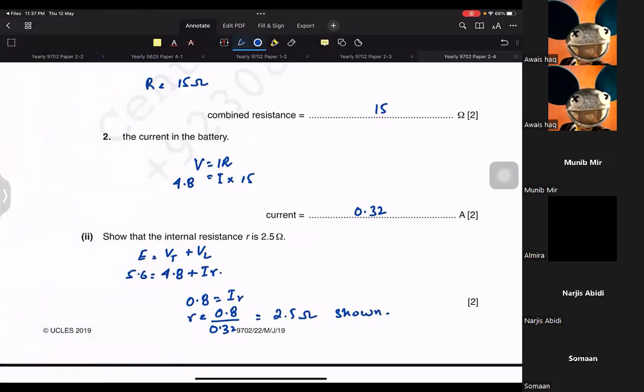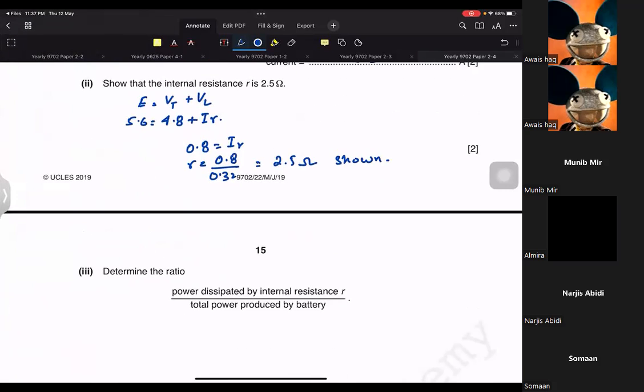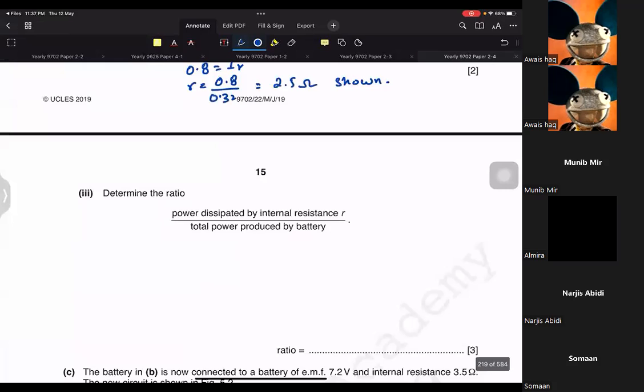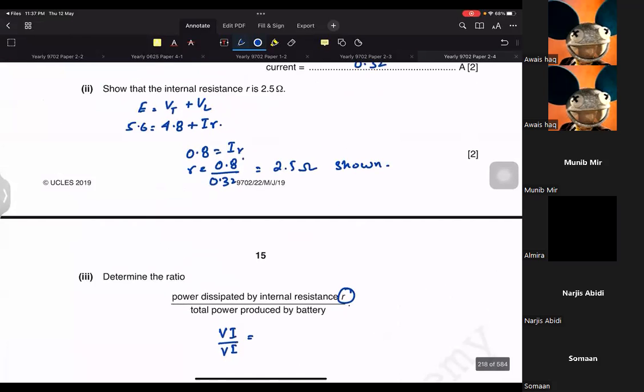Sure. Now, ratio of power dissipated and total power produced by the battery. Okay. So power is VI over VI. The voltage across the internal resistance was actually 0.8. Why? Because if you subtract the terminal potential, you get voltage loss. Okay. So you write 0.8 times the current, which was 0.32.